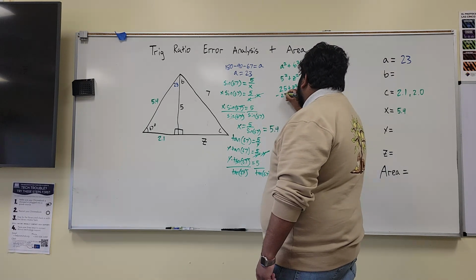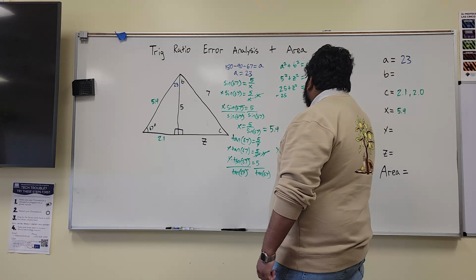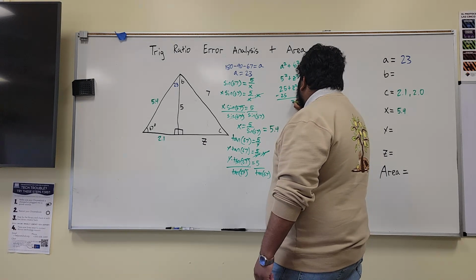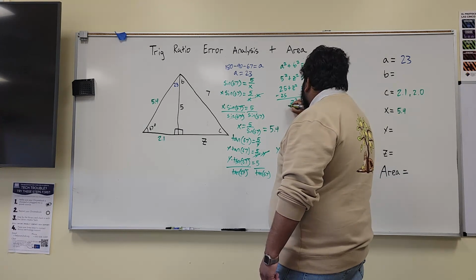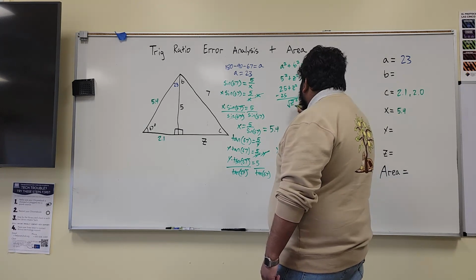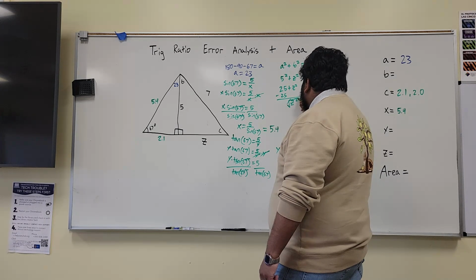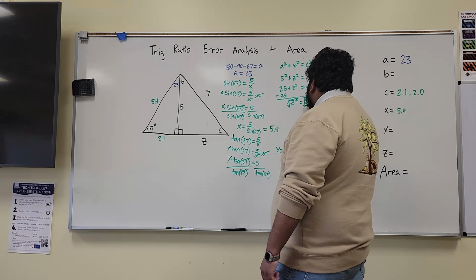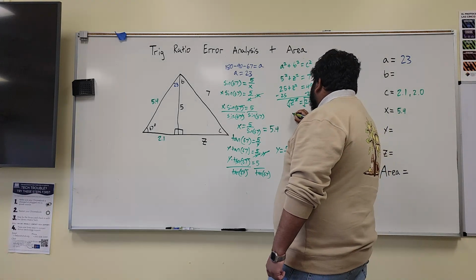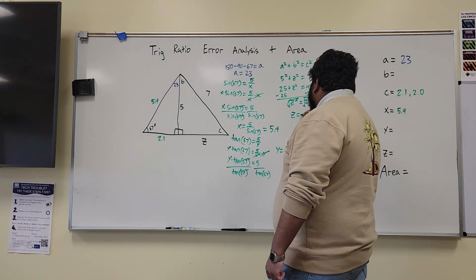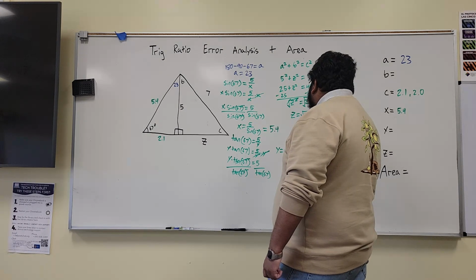Then we're going to subtract 25 from both sides. We're going to get z squared is equal to 24. Then we're going to use square root to cancel out the square over here. We have to use it on both sides. And then z is equal to the square root of 24.